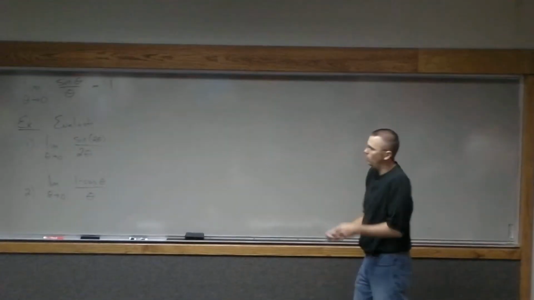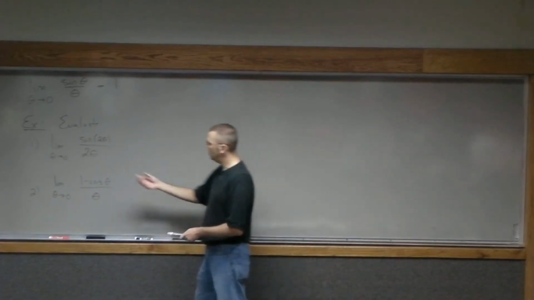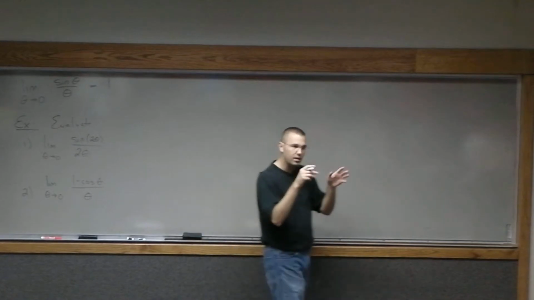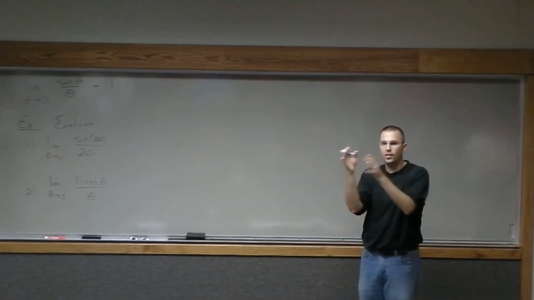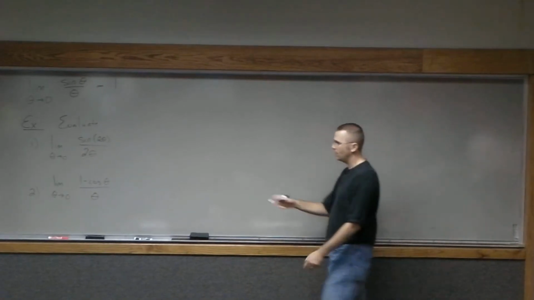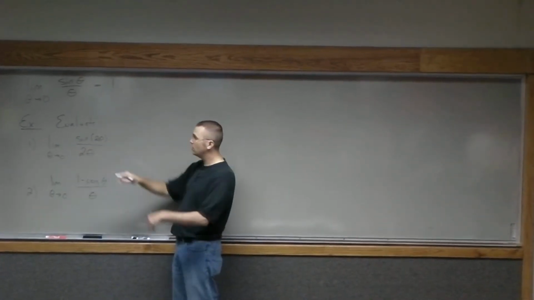Well, what happens to the product of 2 and theta as we get closer and closer to 0? This goes to 0, right? The thing inside the parentheses also goes to 0.